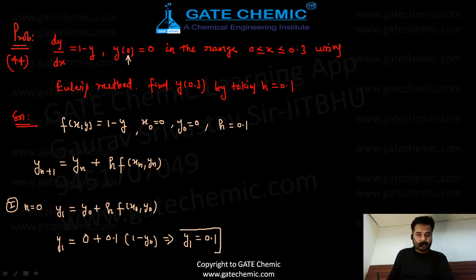Wonderful. So you got y1, and similarly you can write x1 equals x naught plus h, so x1 equals 0 plus 0.1, that means x1 is beta 0.1.